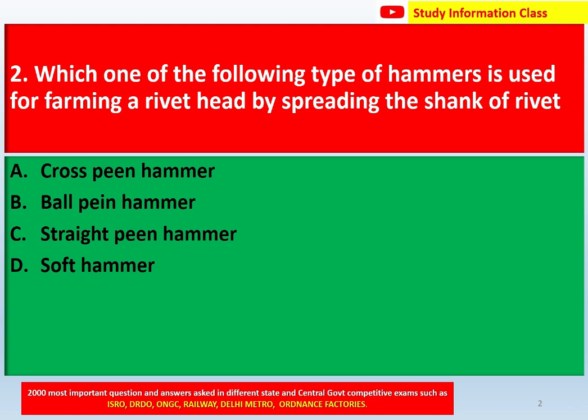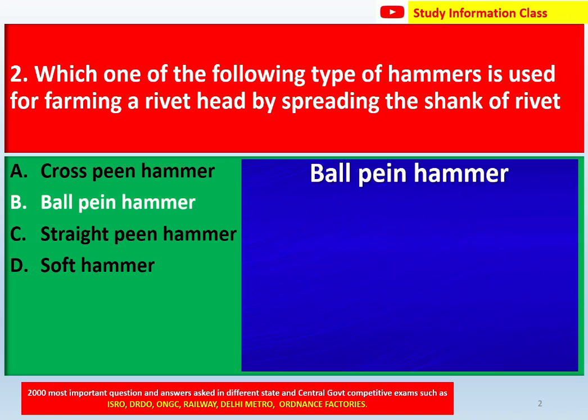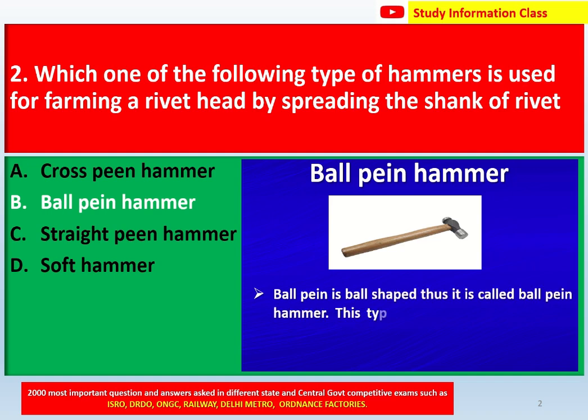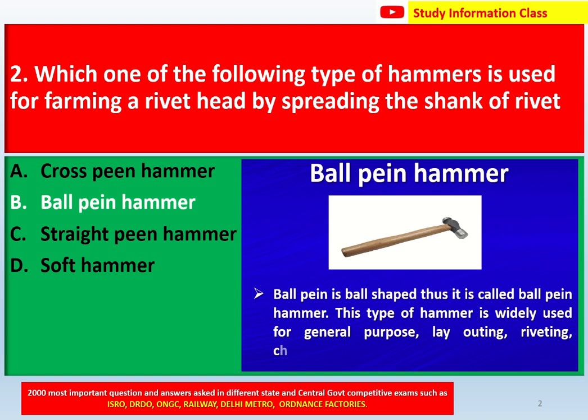For this question, the correct answer is ball pin hammer. A ball pin is a ball shape, thus it is called ball pin hammer. This type of hammer is widely used for general purpose layouting, riveting, chipping and forming.